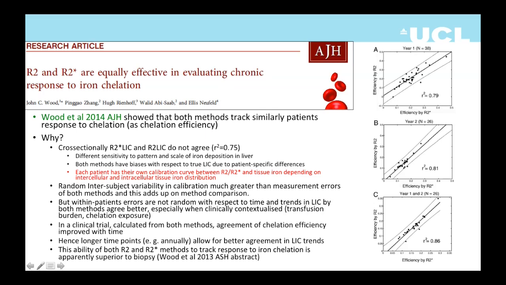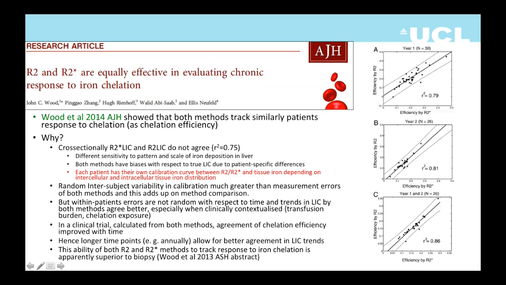You can say that each patient actually has their own calibration curve between their R2 and R2 star signature and the tissue iron. And that depends on where the iron sits inside the cell or in which cell in the tissue. And so random intersubject variability in the calibration is much greater than the precision of both of those methods.